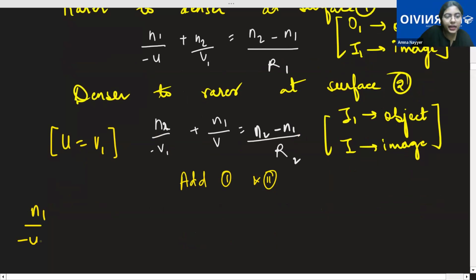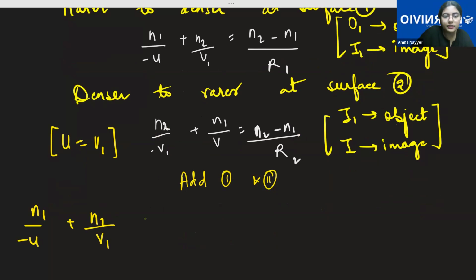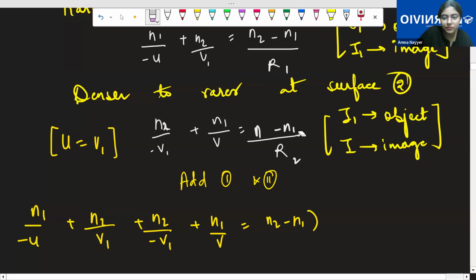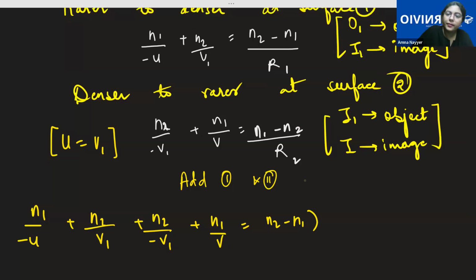This is N1 by minus U, plus this is N2 by V1. This is plus N2 by minus V1, plus this is N1 by V. This side, this is N2 minus N1. Oh, I have written this as N2 minus N1, this is N1 minus N2. So N2 minus N1 by R1 plus N1 minus N2 by R2. Now I'll do one thing over here.